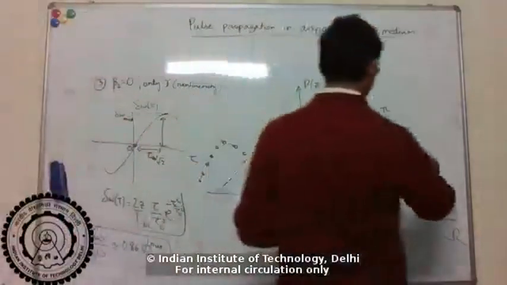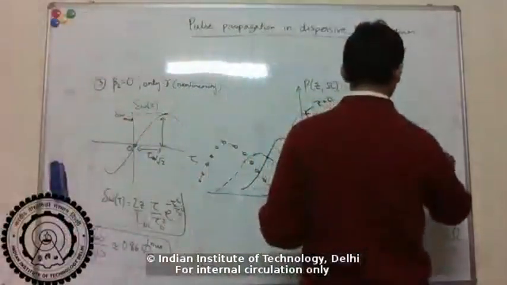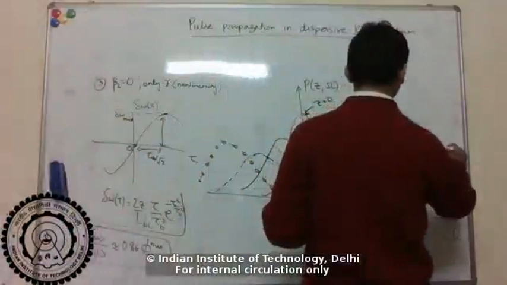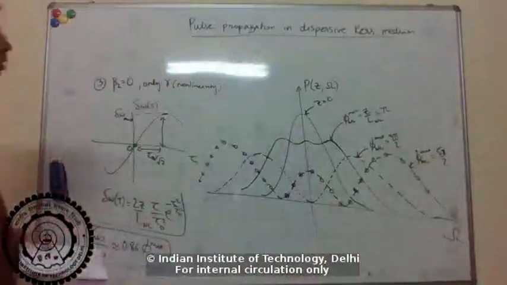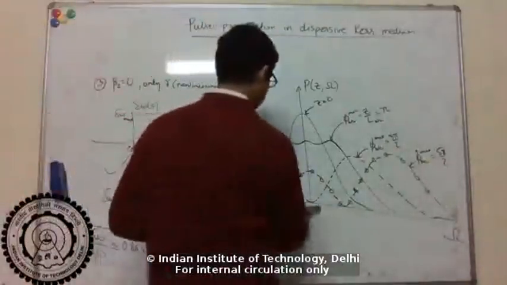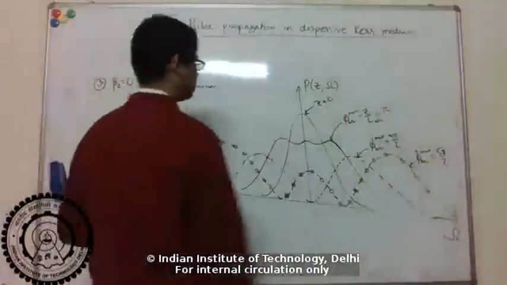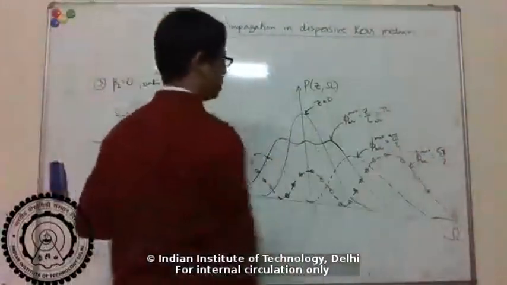Okay, so this is for a phase shift of 5 pi by 2. Now you get 2 zeros in the spectrum, but overall the spectrum keeps broadening.